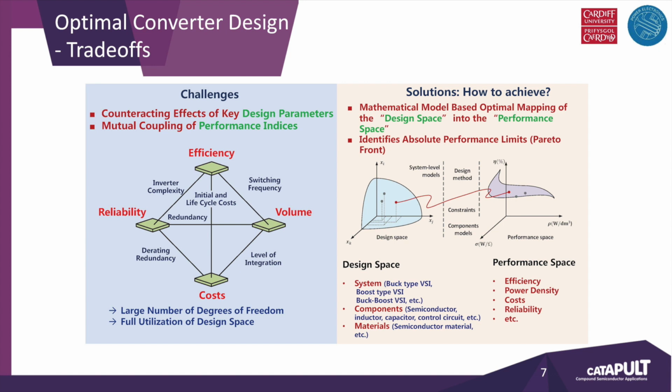What makes it worse is the cost, because we have a higher cost of silicon carbide MOSFET at the moment. So we should think about how to make the best use of the good performance of silicon carbide MOSFET to shrink the size of the other components, so we can save cost on the other components.